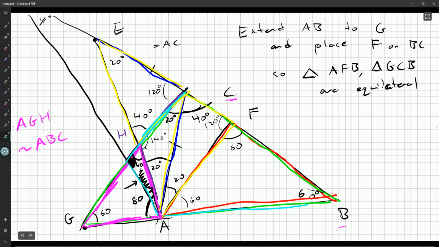Sadly, it's part of a bigger quadrilateral, although maybe it's cyclic. I don't know. We could check for something like that.